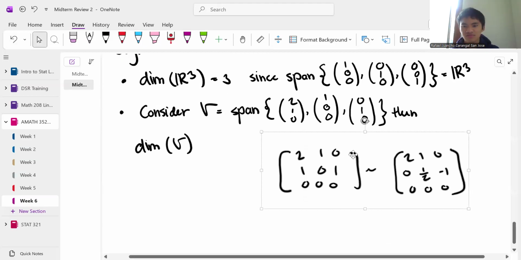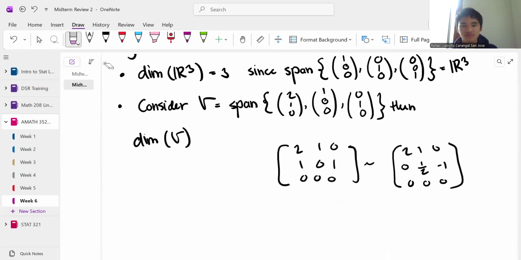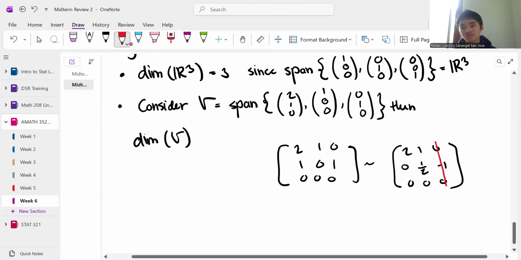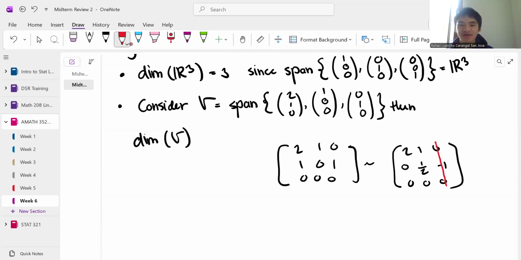So actually, based off of this idea, we could take this out. And from there, what do we have? Now we have two linearly independent vectors. Why is that?